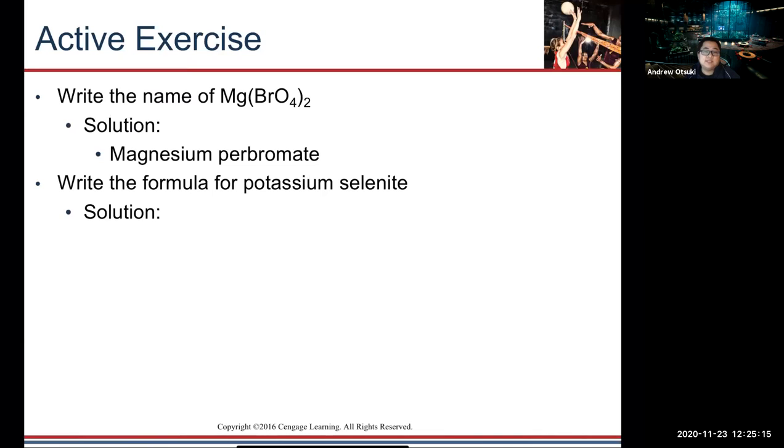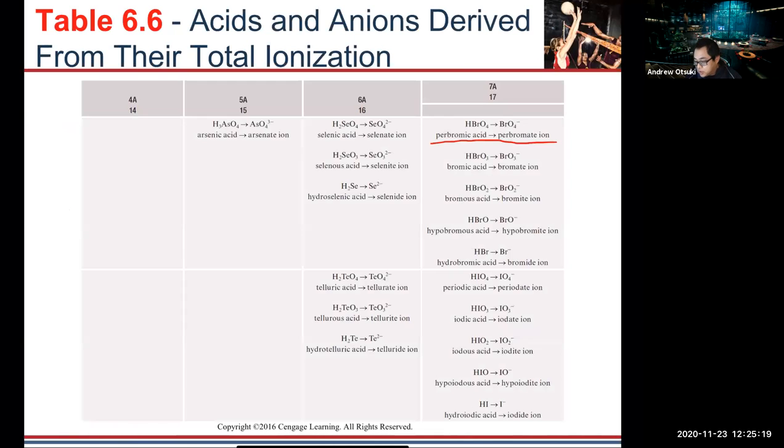So potassium selenite. Remember, selenite comes from selenous acid, so H2SeO3. When the oxoanion is the selenite ion, it's SeO3 2 minus because we removed 2 protons, or 2 hydrogen atoms, from the acid.